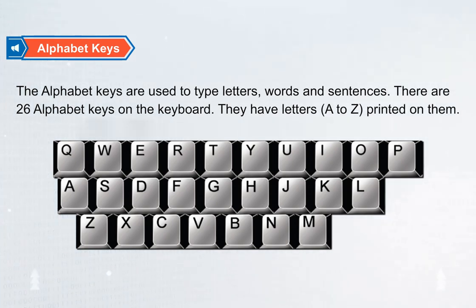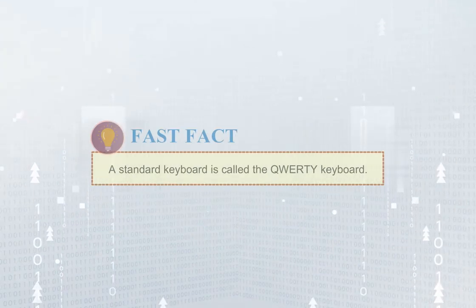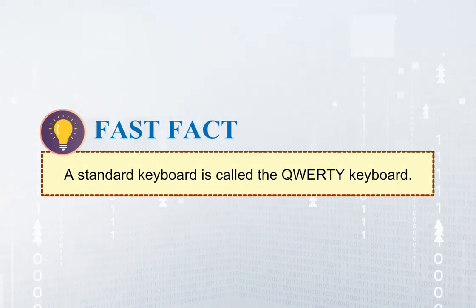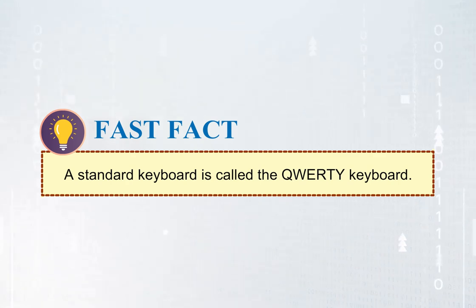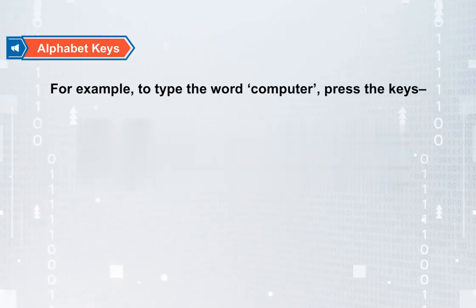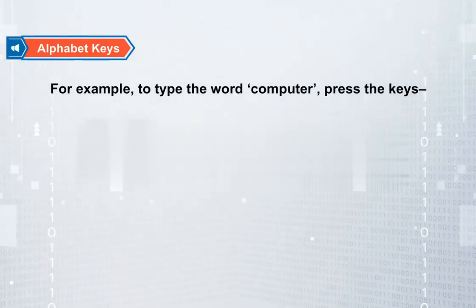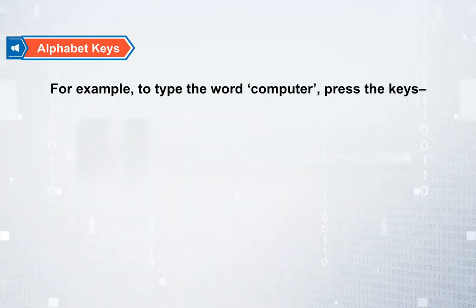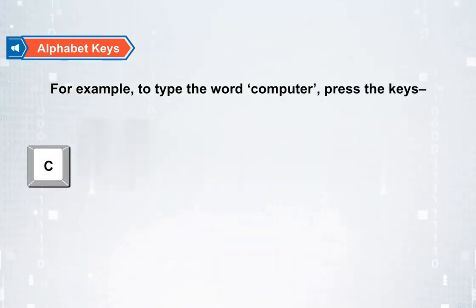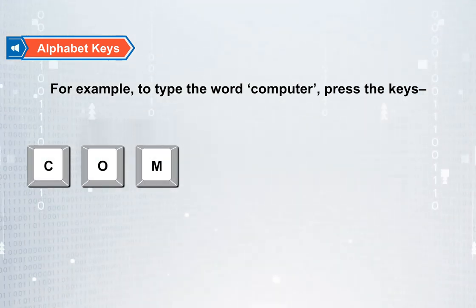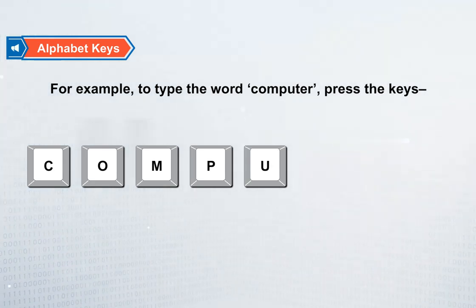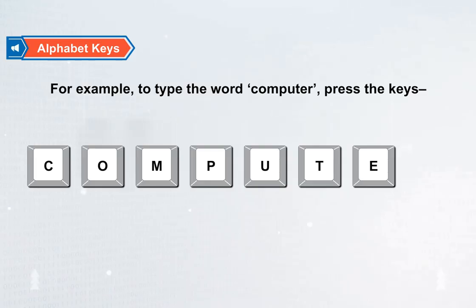They have letters A to Z printed on them. Fast fact: a standard keyboard is called the QWERTY keyboard. For example, to type the word computer, press the keys C, O, M, P, U, T, E, R.